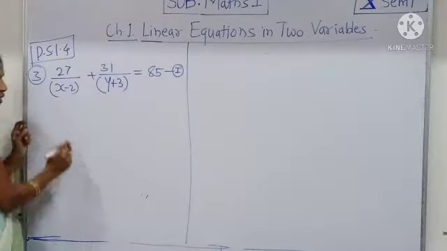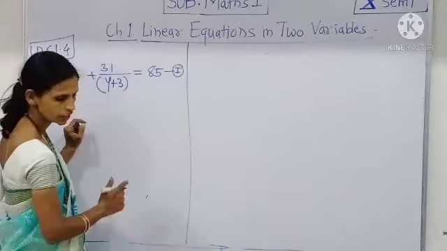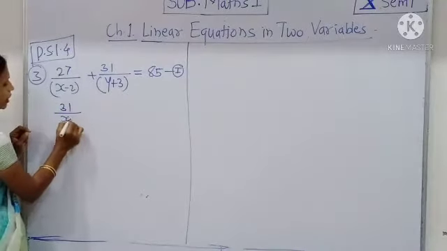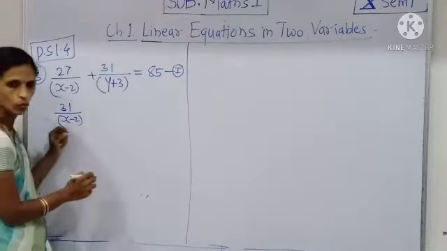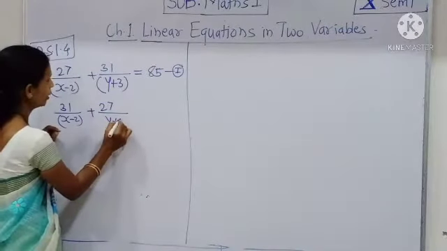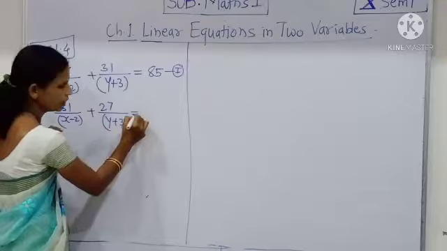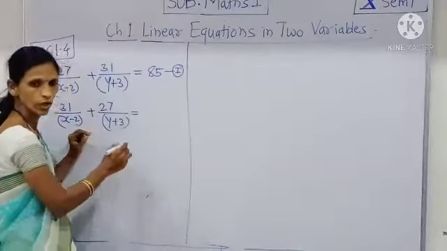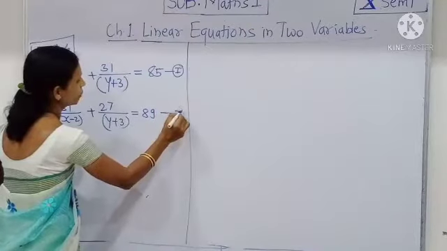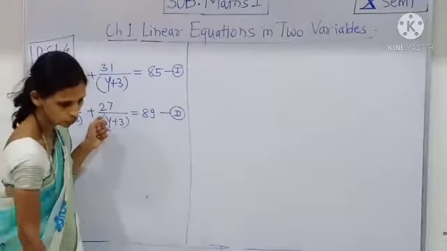And the second equation is 31 upon x minus 2 plus 27 upon y plus 3 is equal to 89. Let this be equation number 2.